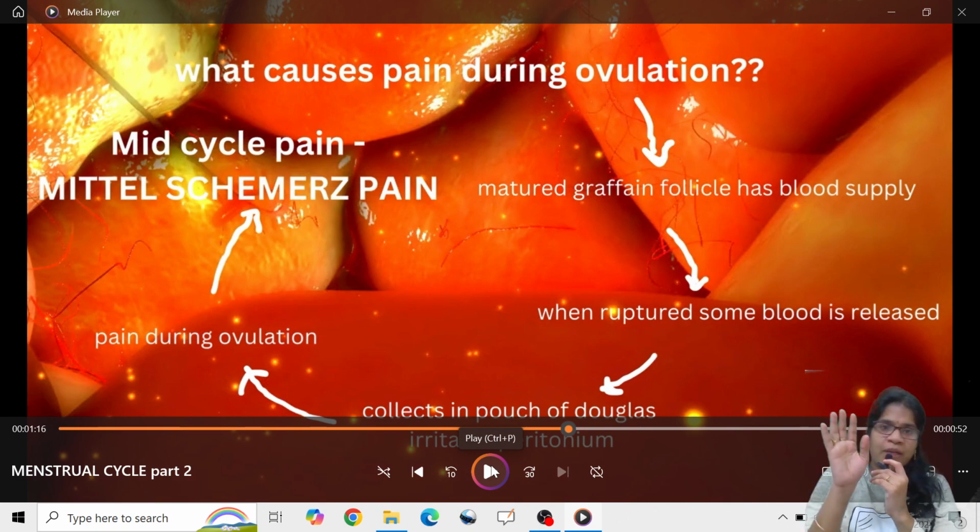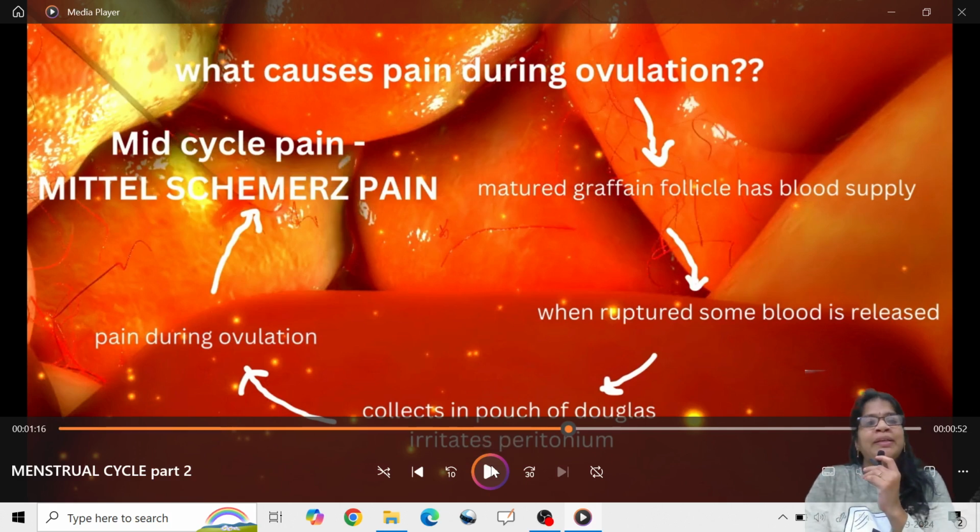Even I am one among them who experiences pain either on the right side or the left side of the body at the half of the cycle. When my cycle is around 27 to 28 days, around the 12th to 14th day, I might experience a little stabbing pain, either on the right side or the left side, because only one egg gets released, right? So there is no pain like menstrual pain during ovulation, only one-sided pain, because only one egg is releasing. Why does it happen?